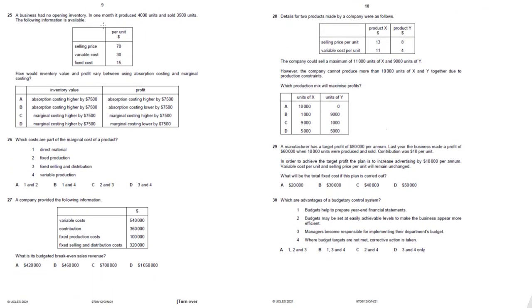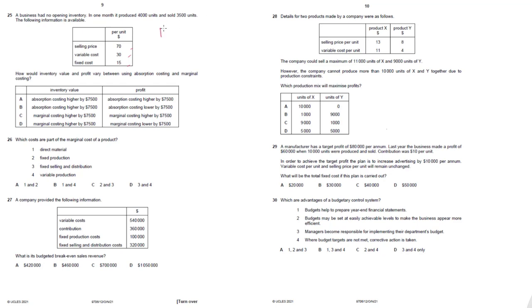25. A business had no opening inventory. In 1 month, it produced 4,000 units and sold 3,500 units. The following information is available. Selling price is given, variable cost is given, fixed cost per unit is given. How would inventory value and profit vary between absorption costing and marginal costing? Now, between absorption costing and marginal costing, the inventory value is the only value that is different.